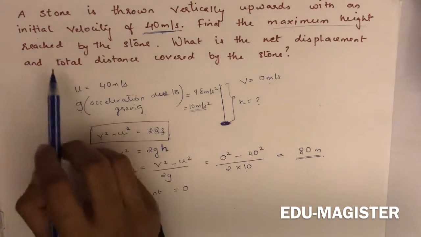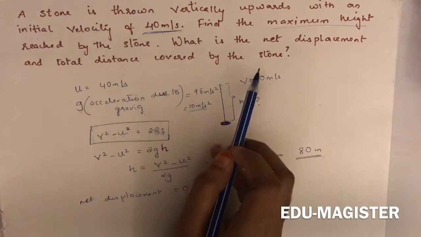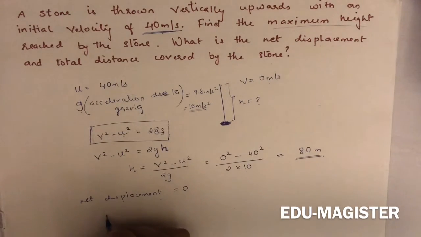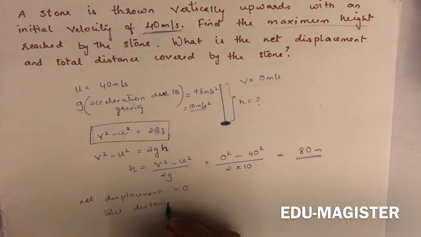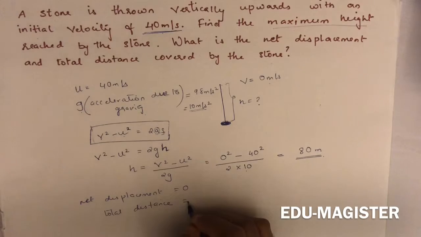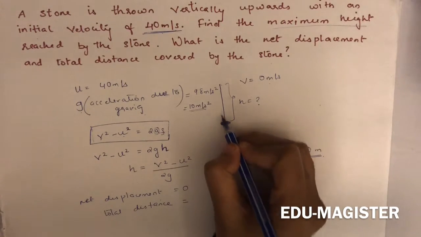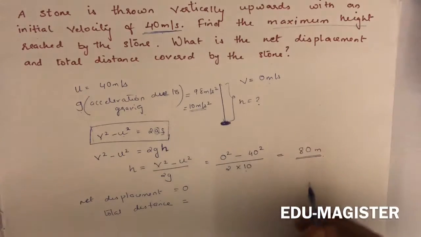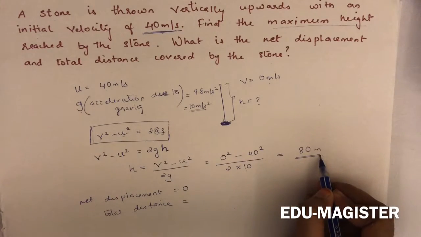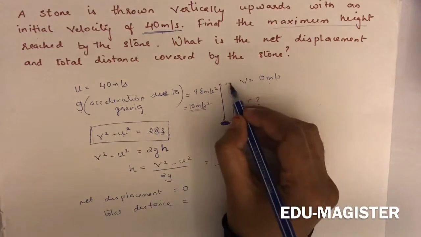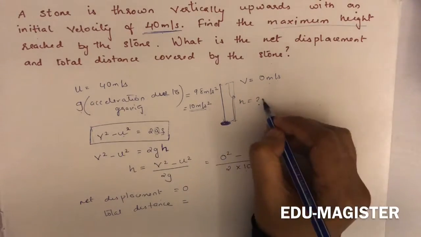But the total distance covered by the stone is not 0. The stone is first thrown up, that means it is traveling a distance of 80 meters, right? This height we got as 80 meters.